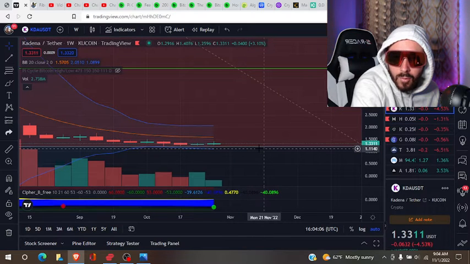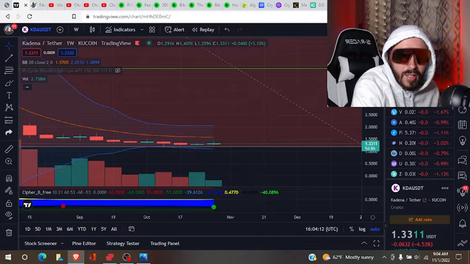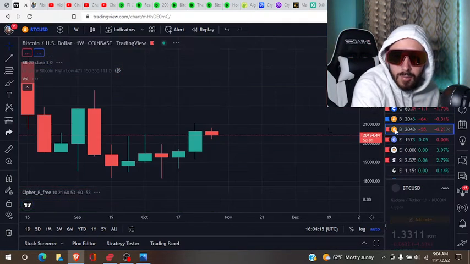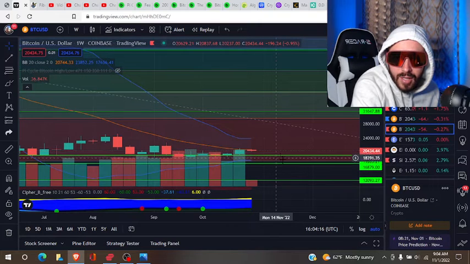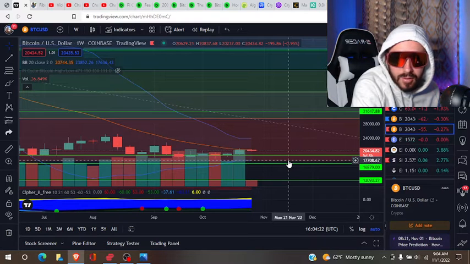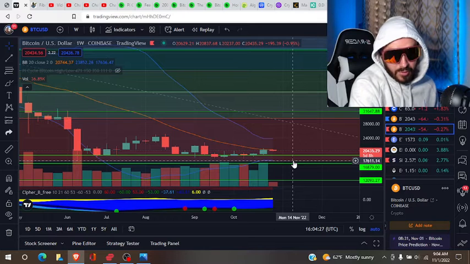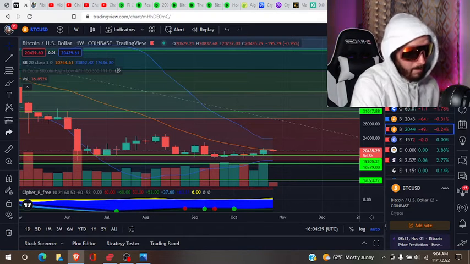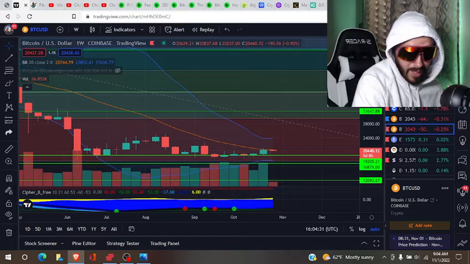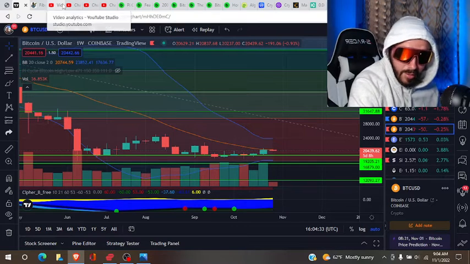You're looking at what might go down to $1.11, whereas Bitcoin, if it was going to hit the bottom of its Bollinger Band, you're looking at back down to the lows of 18,000 or 17,600.